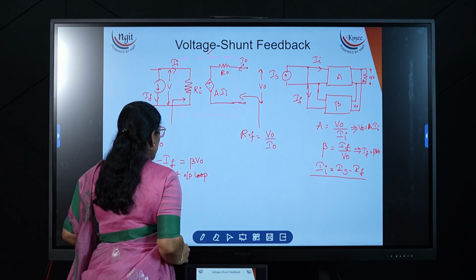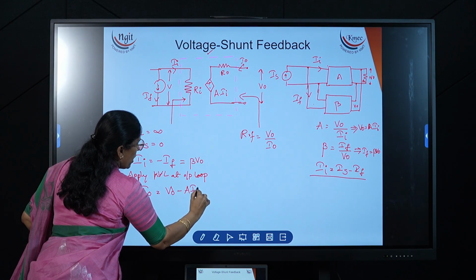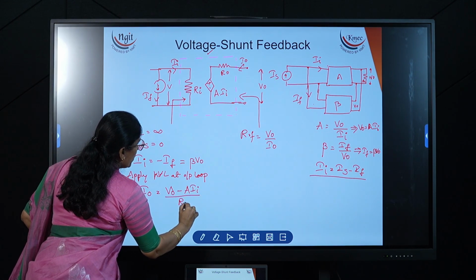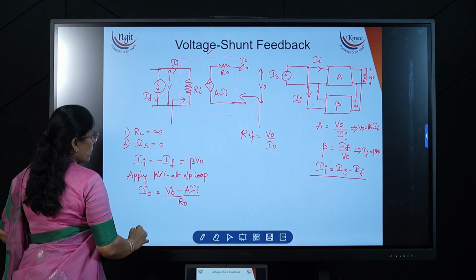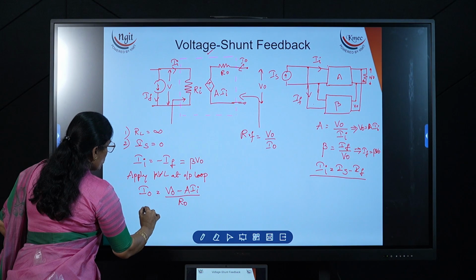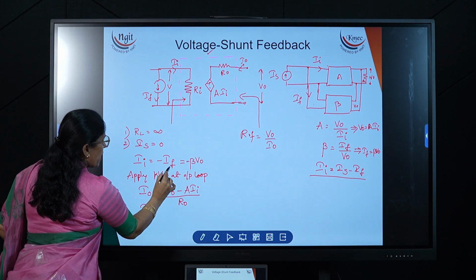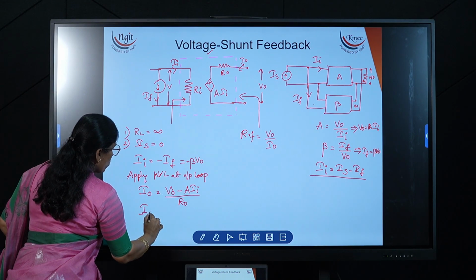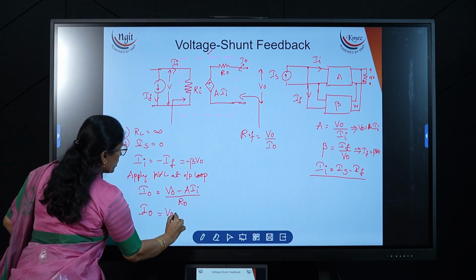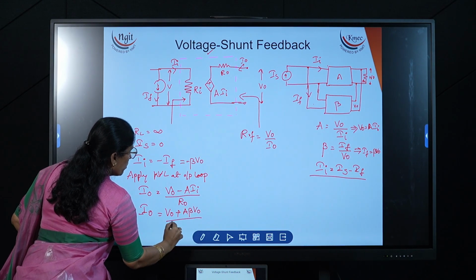So A into II. So now here, V0 minus A into II, divided by R0. Now in this, apply II is equal to minus IF, so minus we will get. So I0 is equal to V0 plus A beta V0 divided by R0.